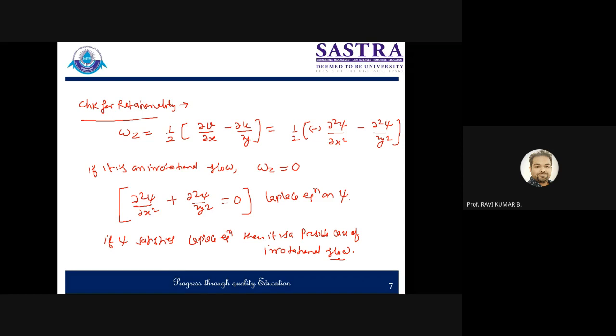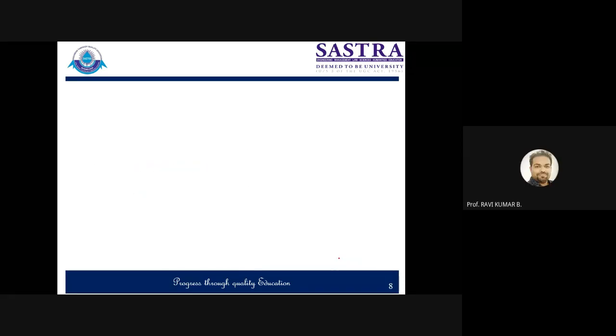So any doubt in this? No, sir. So take this as a note, because this is very, very important in 2 marks questions. Even in the GATE examination you may find this question.